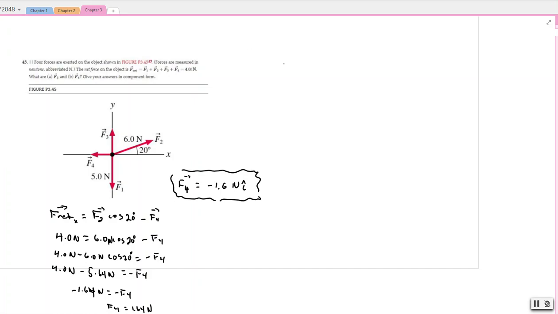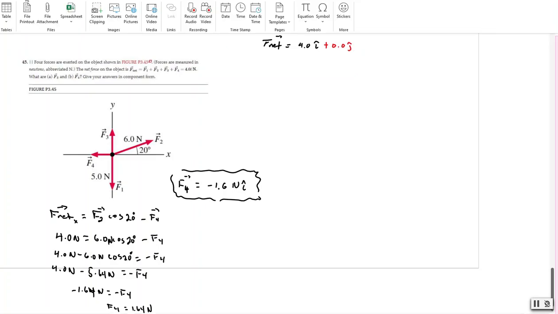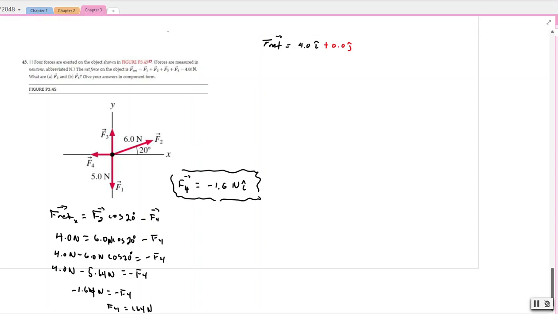Now, in the same way, when they say that this net force is 4.0 i, implicit there is another piece of information: that is plus 0.0 j, and of course this is in newtons.